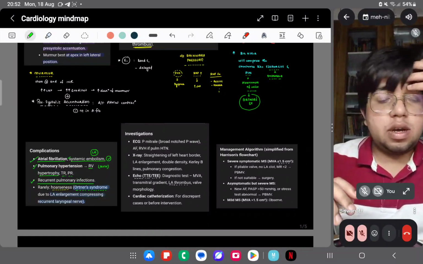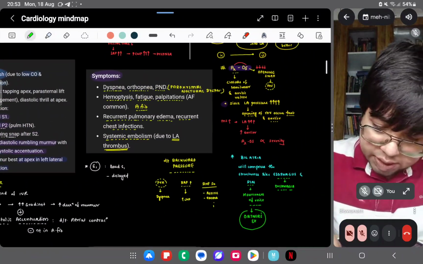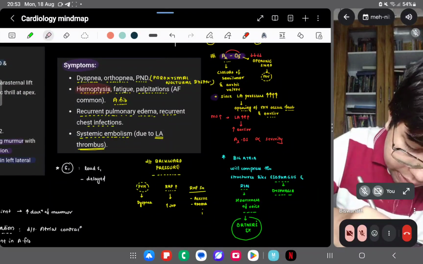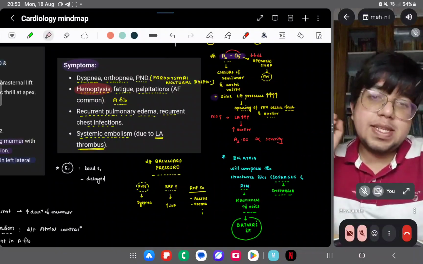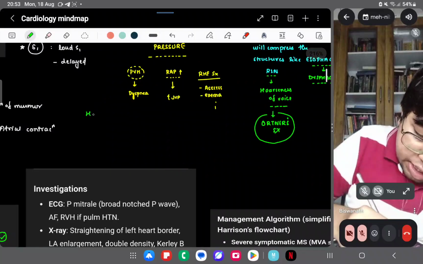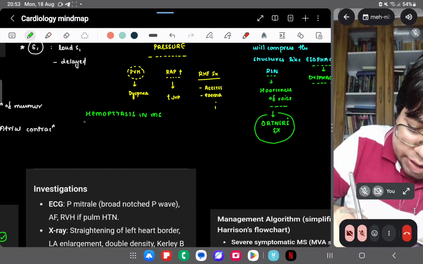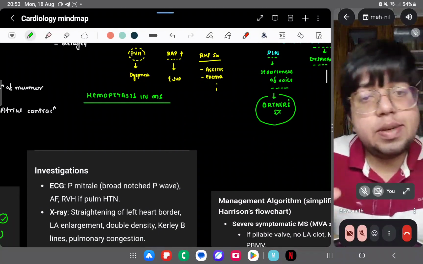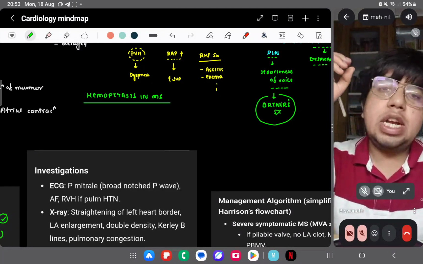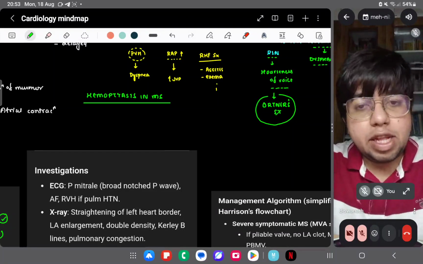Now, another thing, I told you that we'll discuss hemoptysis. What is the cause of hemoptysis in mitral stenosis? If there is increased left atrial pressure, it will rupture the thin-walled pulmonary capillaries and the veins as well.